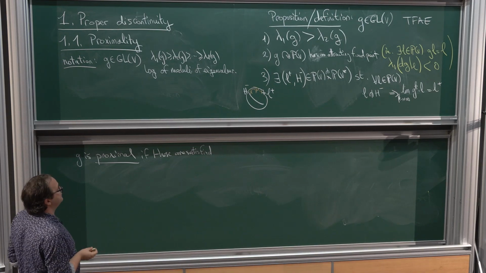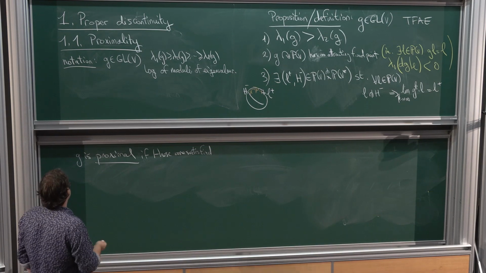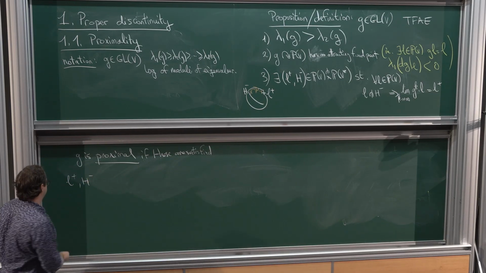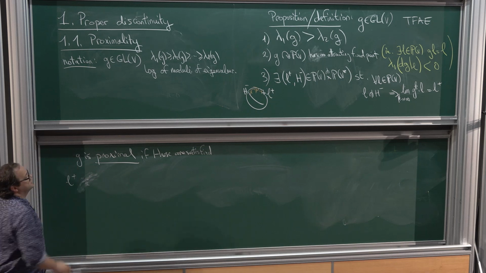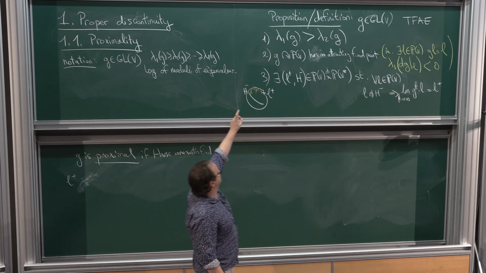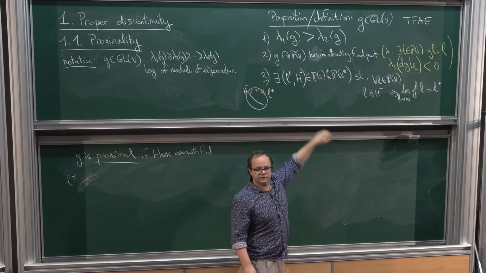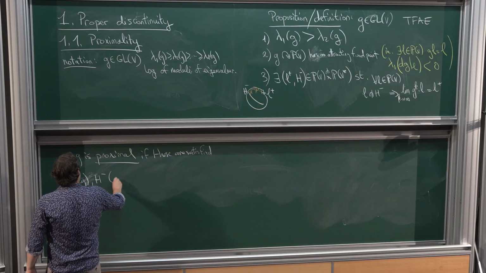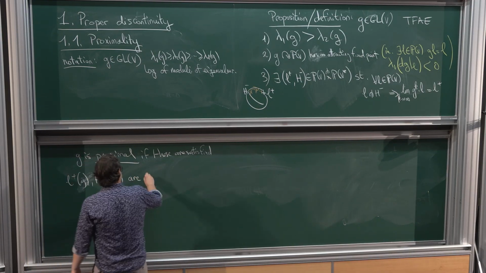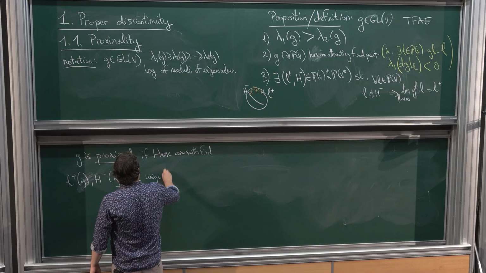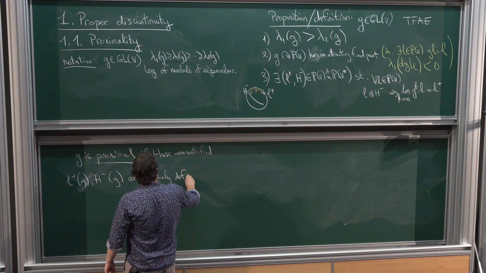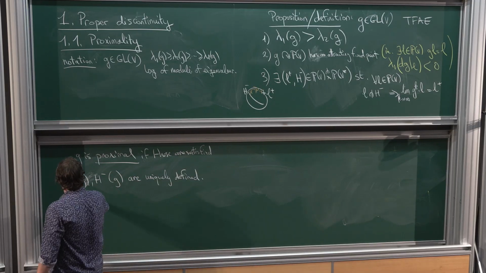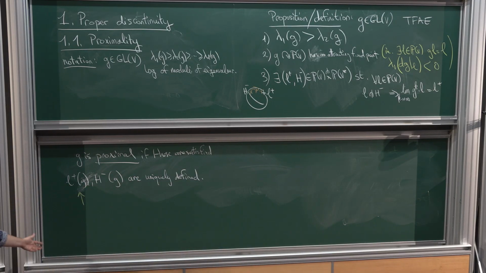And so if G is proximal, then these L plus and H minus, so the attracting fixed point, will be the same as the L plus in this other definition, and we'll use the notation L plus of G. These are uniquely defined. And what are they? Well, essentially, L plus of G is a fixed point in the projective space.